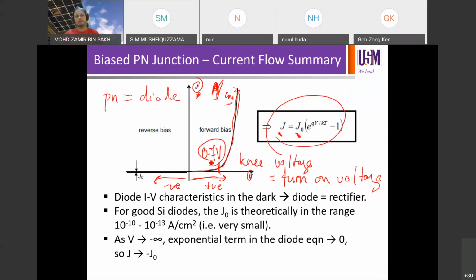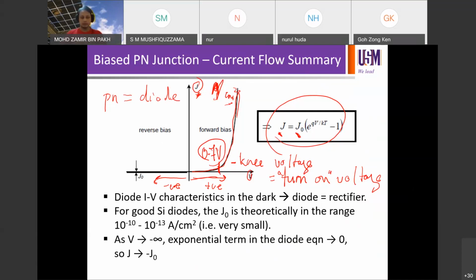If you supply a voltage of less than 0.7, it will not be turned on. So it requires 0.7 volt in order for it to turn on. Kalau nak pakai diode dalam circuit, then it requires at least 0.7 volt for it to turn on. Okay, so that's called the knee voltage ataupun the turn-on voltage, if you like.